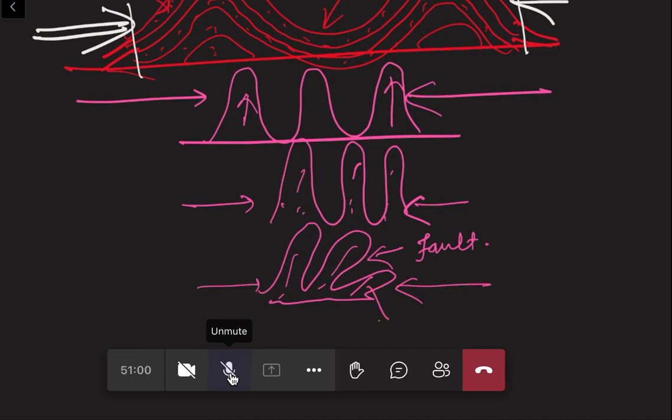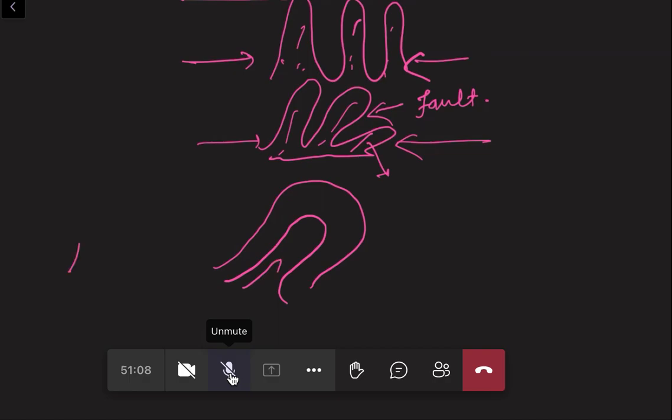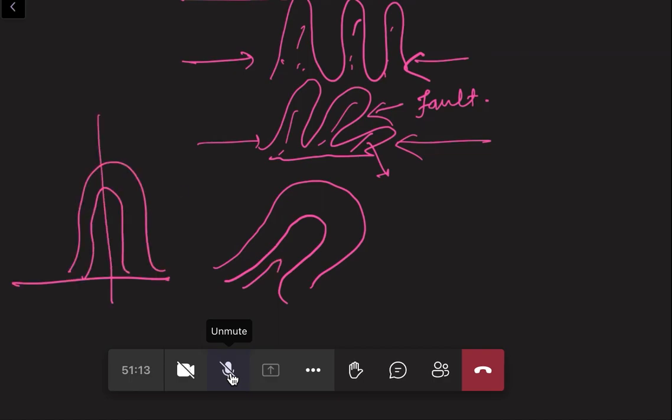Like for example, suppose this fold is there. These were earlier parallel folds. This is a parallel fold. You can see this symmetry, this part and that part, A part and B part, so symmetrical. Then if pressure increases more, it may crumble and fall down on the ground.